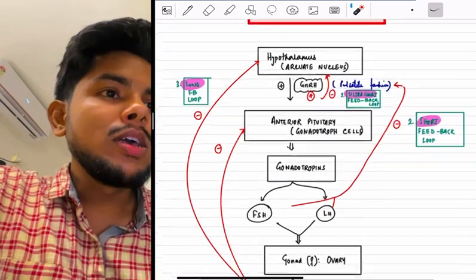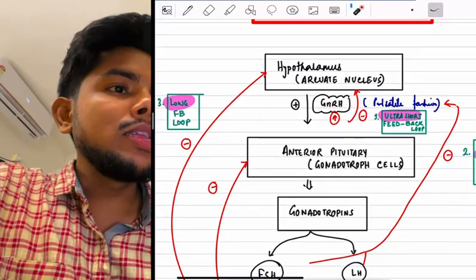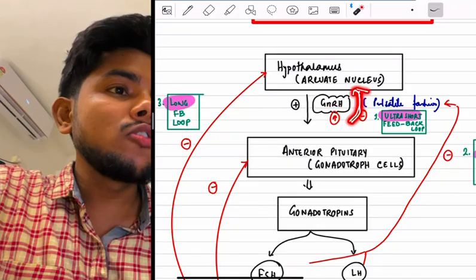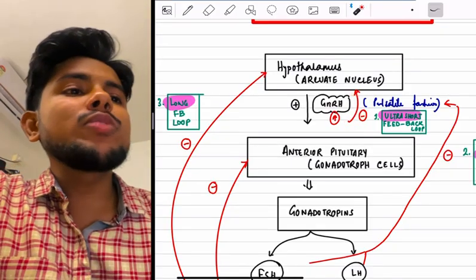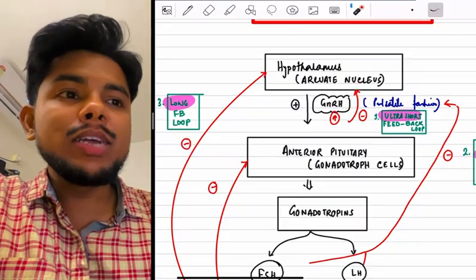Can you see this? Just focus on this. Now this GnRH, when the level of GnRH is elevated from its normal physiological level, it is going to exert a negative feedback on the arcuate nucleus itself.